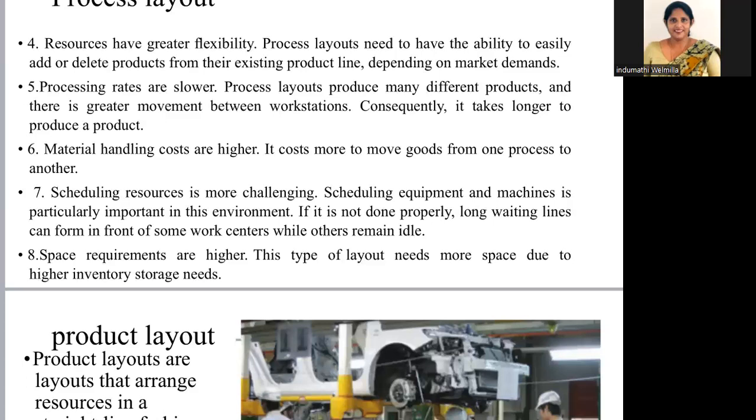According to the nature of this type of process, the process layout needs more space compared to the product layout, right? You can understand this through an example also. If the organization is a hospital, we know that hospitals need more space to do their day-to-day work, right?